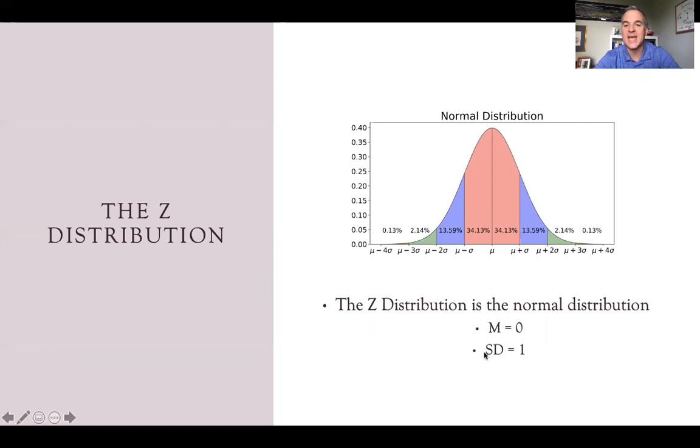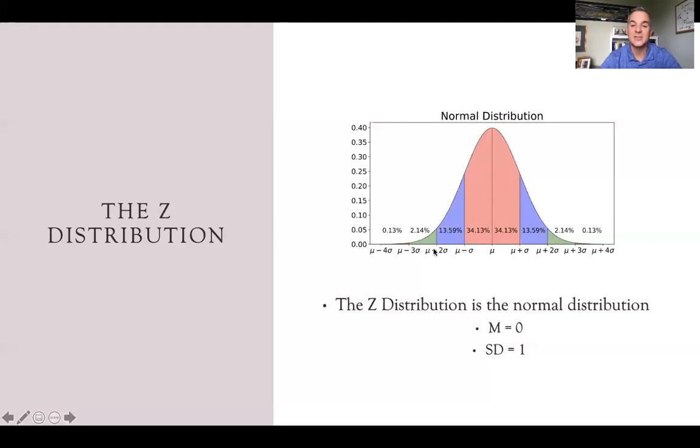We can turn this into probabilities. Because we know the probabilities associated with the normal distribution, we can understand where our probabilities are related to z. This goes back to that percentiles discussion. A z of plus 2, we know that about 2.5% of scores are above that, and about 97.5% of scores are below that.